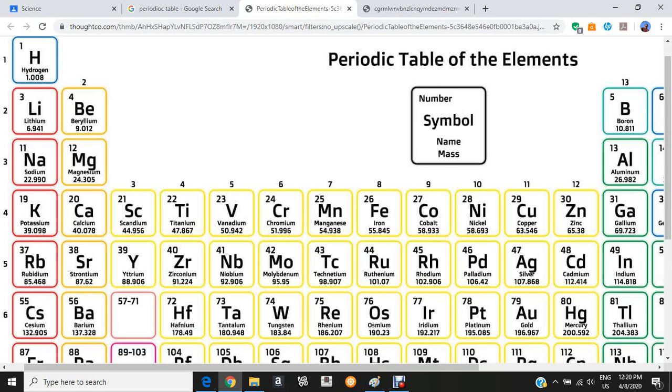In this periodic table, I only need you to find the symbol and the name. Each of them has the atomic number, the symbol, and the name. About the atomic mass, you can leave that for later.